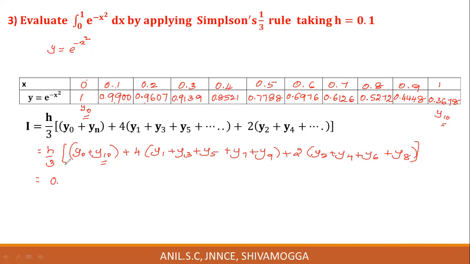0.7460. 0.746. What is the fourth decimal place? I got 0.7468, but 0.746 anything is okay. But you write up to 4 decimal places.